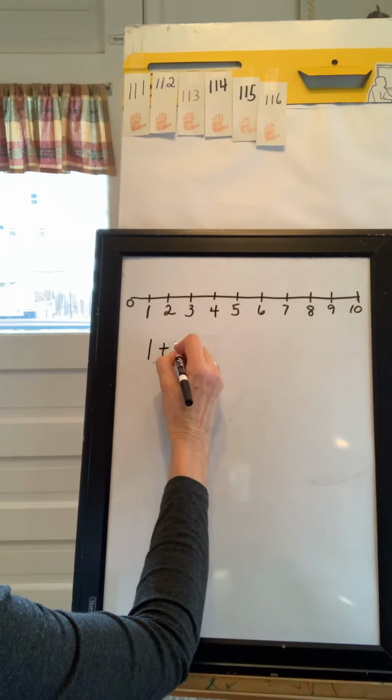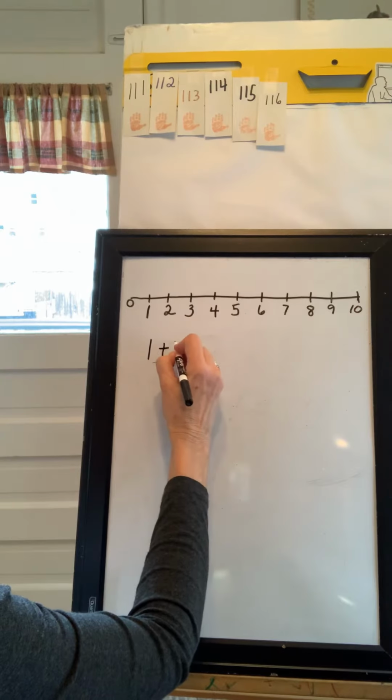Then on the next side, we're going to do 1 plus 2. So if we have 1 and we add 2 more, we just count 1, 2. There it is. There's the answer. 2 plus 2, 2, 1, 2. Or you remember your doubles. 2 plus 2 is 4. 3 plus 2, 3, 4, 5.